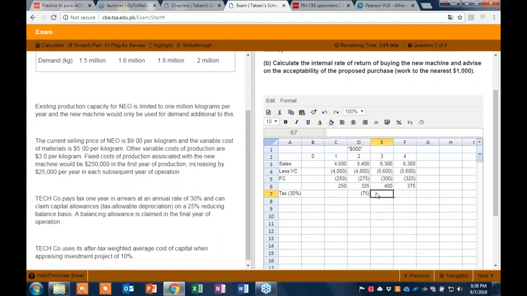So then we'll be taking 30% of 325, but we'll be showing it in the next column.